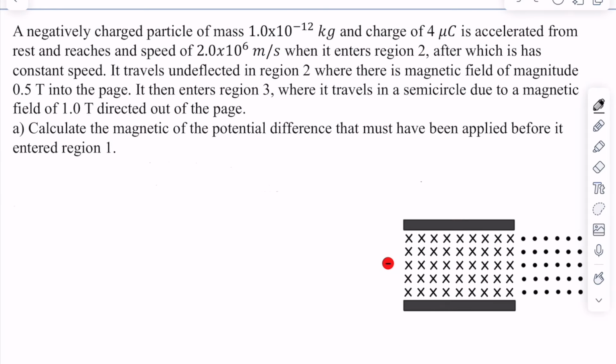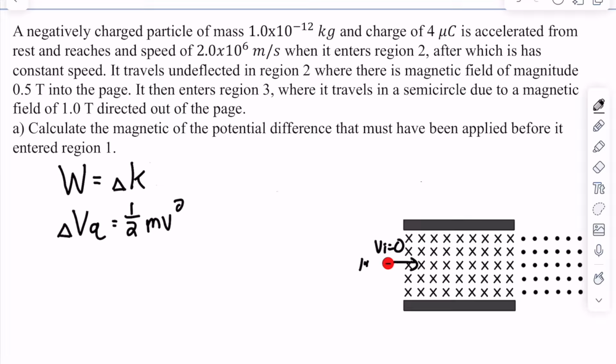Okay, in part A, the particle starts at rest, and then it's accelerated by a potential difference. So I'm going to use the work-energy theorem to solve for the potential difference applied here. The work done by a voltage on a charge is the change in potential, delta V times Q, and that's going to be the final kinetic energy minus the initial kinetic energy, which is 0.